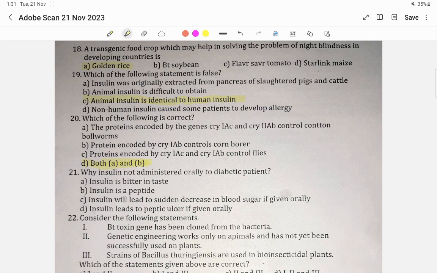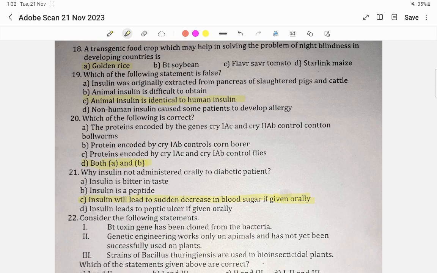Why is insulin not administered orally to diabetic patients? With the options they have given, insulin will lead to a sudden drop in blood sugar if given orally. Another thing is insulins are made up of proteins and they are digested within our digestive system.